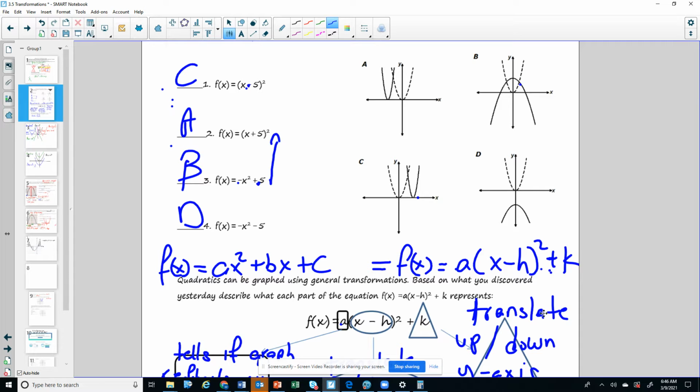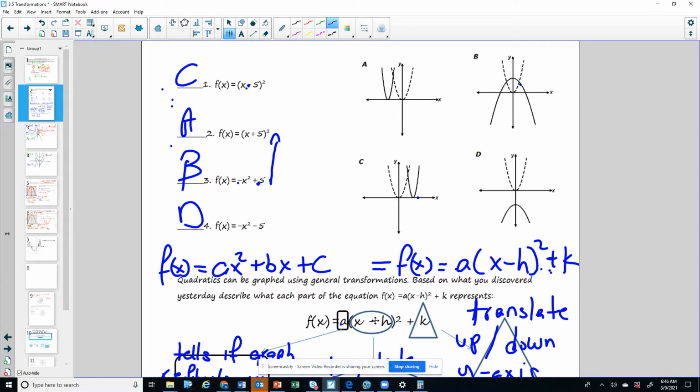It tells you if the graph goes up or down. So if k is positive, the graph goes up, and if k is negative, the graph goes down. And x minus h, that's the term inside the parentheses, tells you if the graph translates left or right on the x-axis.